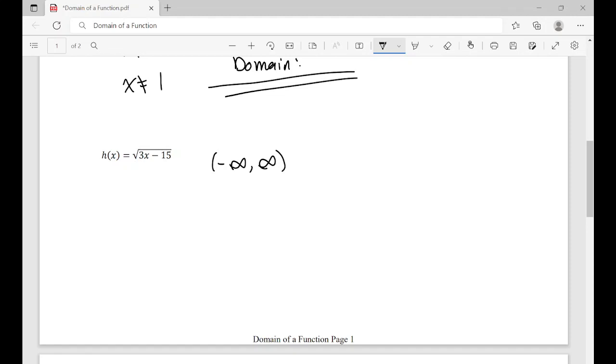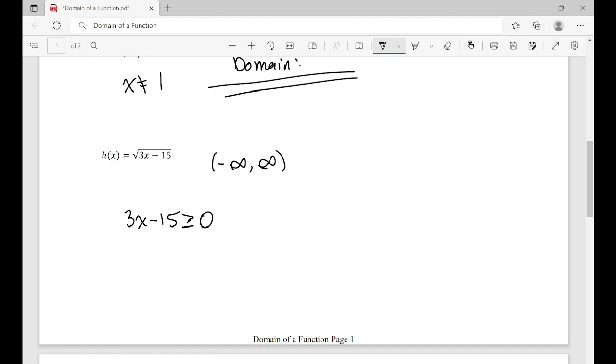So instead of finding the values that don't work for this, we're going to do something a little bit different. We're going to take what's inside the radicand, 3x minus 15, and we're going to find out what does work. And remember, we can't have a negative under here, so anything can be positive or 0. So we're going to set this as greater than or equal to 0 and solve.